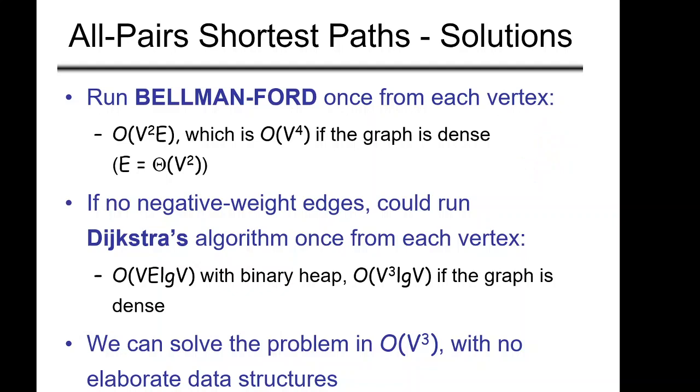So what is the complexity? For one vertex, the complexity of this algorithm is V times E. For V vertices, the complexity is V into V times E, which gives us order of V square E. Now if the graph is dense, meaning there are as many edges as possible, E could be order of V square.